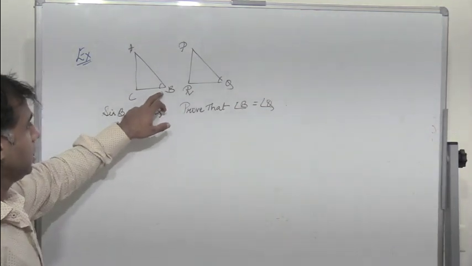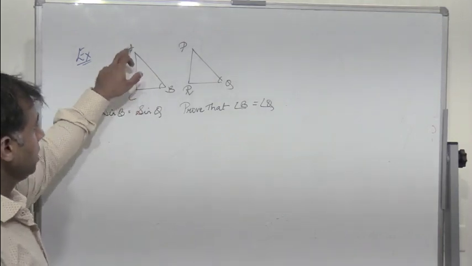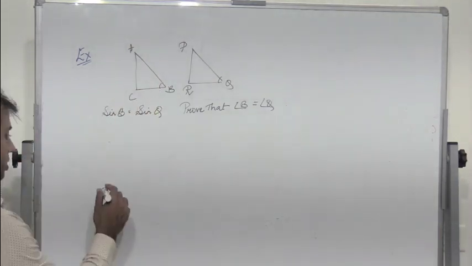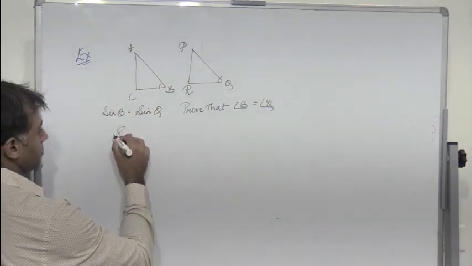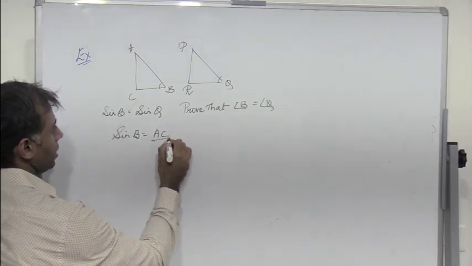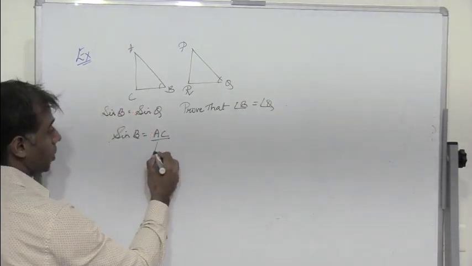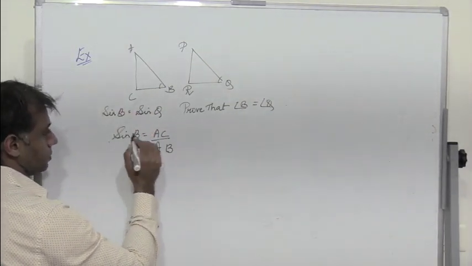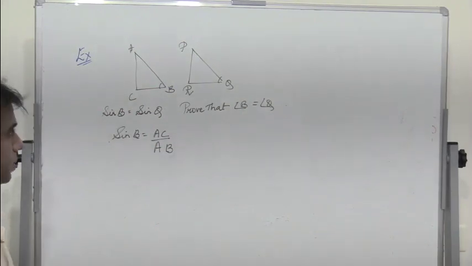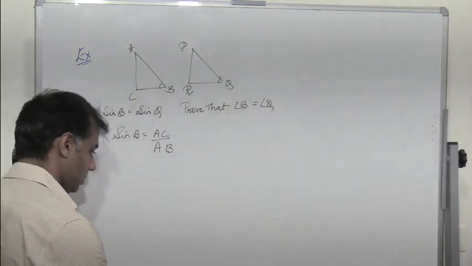So I have sine B. What is sine B? It is the opposite side AC by the hypotenuse AB. So sine B is opposite side by hypotenuse, which is AC by AB.